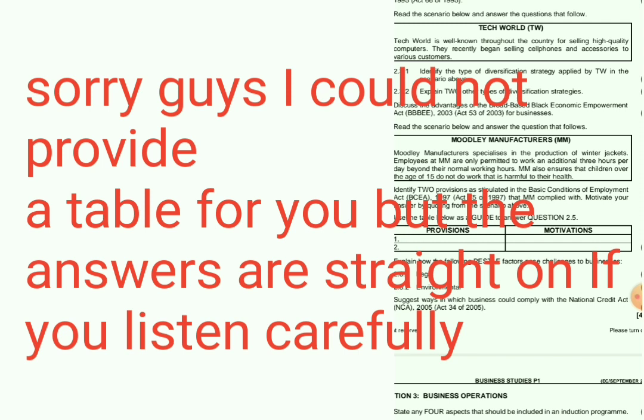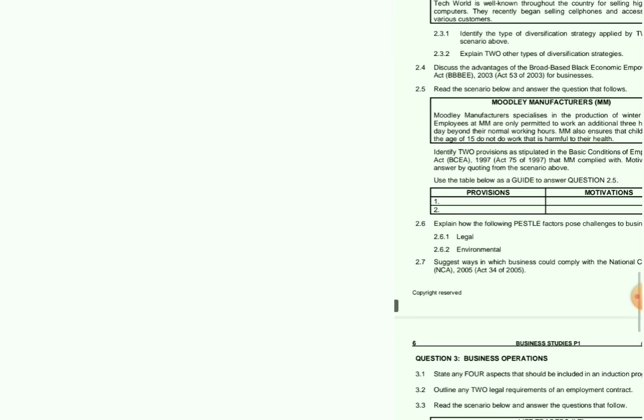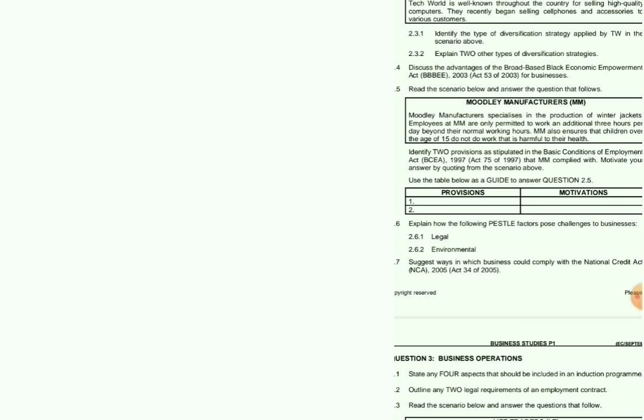Overtime. Then you quote, employees at MM are only permitted to work an additional 3 hours per day. Two, you can say child and forced labor. Then you say it ensures that children over the age of 15 do not do work that is harmful to their health. So that's it. Sorry guys for not writing this one for you, but you get it.